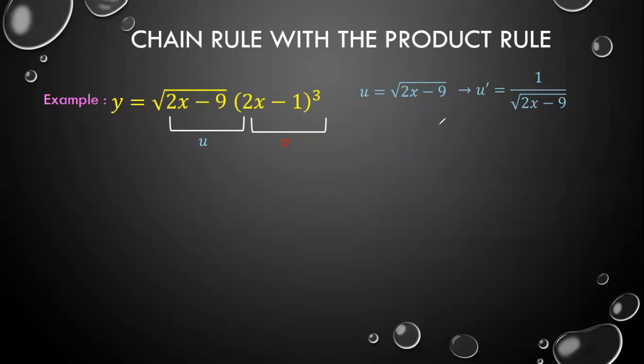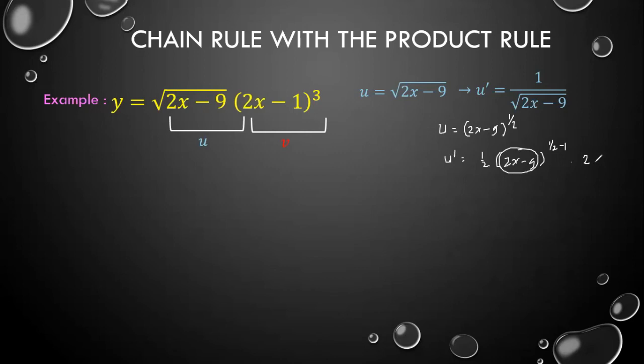Okay, so u prime equals to, remember? I will show you the process of how to find this. Okay, u is 2x minus 9 to the power half, right? So u prime equals a half times 2x minus 9 to the power half minus 1, and then you have to find the inside derivative, which is 2. Is it clear? The derivative of the inside function is 2.